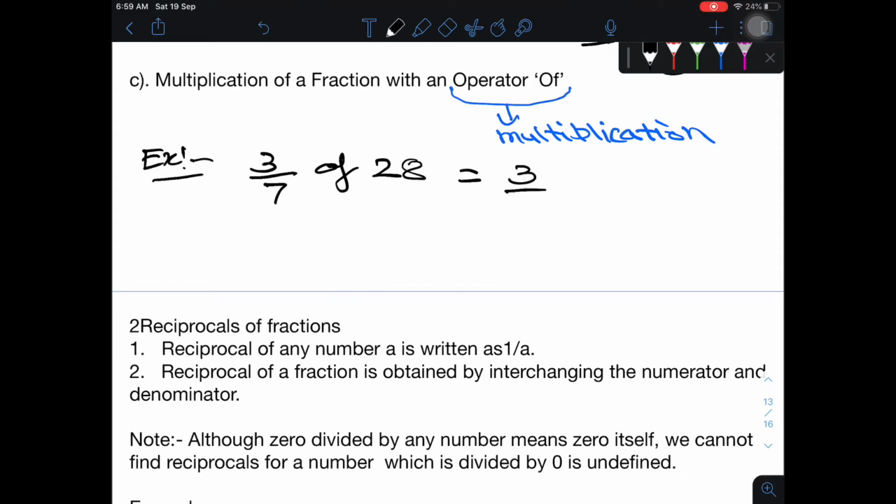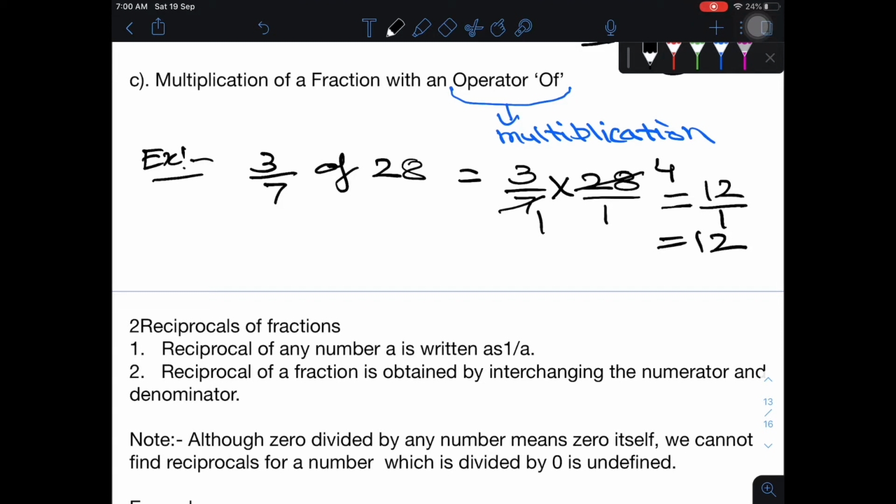Just replace this of with multiplication and do the same as we are doing in the above section. Just simplify it. 7 ones are 7, 7 fours are 28, 3 fours are 12 by 1. So 12 will be your answer.